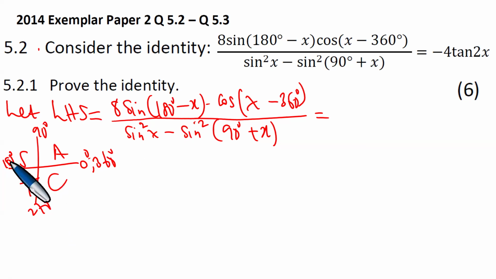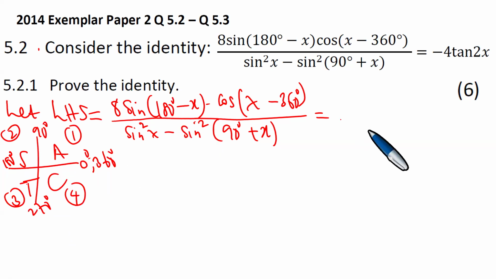When you say 180 degrees minus x, you are reducing 180 and making it smaller. That takes you back to the second quadrant, if this one is the first, then the second, the third, and the fourth. 180 minus x takes us to the second quadrant where sine is positive. So obviously you'd have 8 sin x.